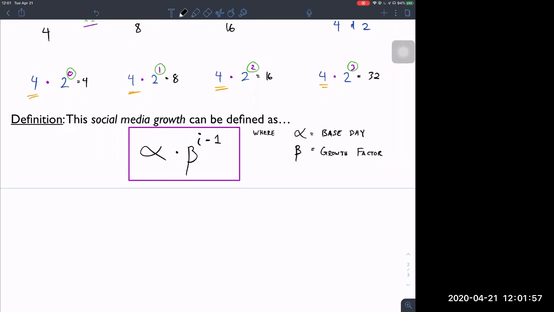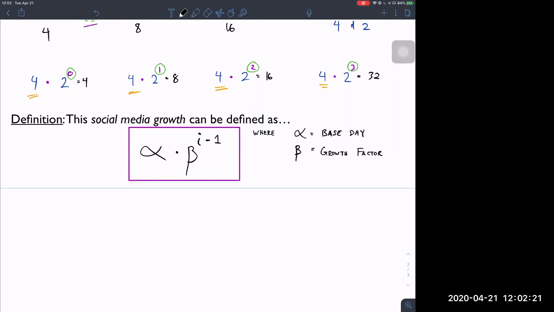Growth factor, right? In other words, how much is it growing by every time you're doing an Instagram post or a Facebook post or a Twitter tweet, YouTube upload, going live on YouTube, whatever the case may be. In this case, it's 2. Why?